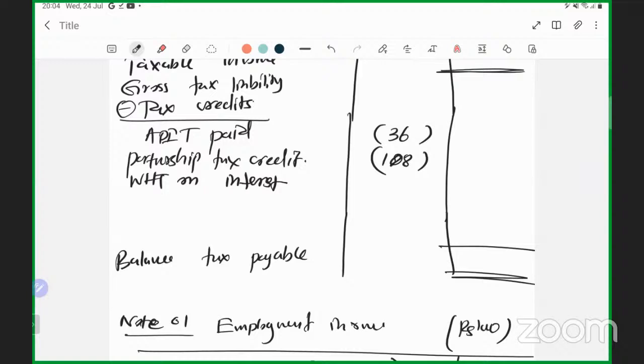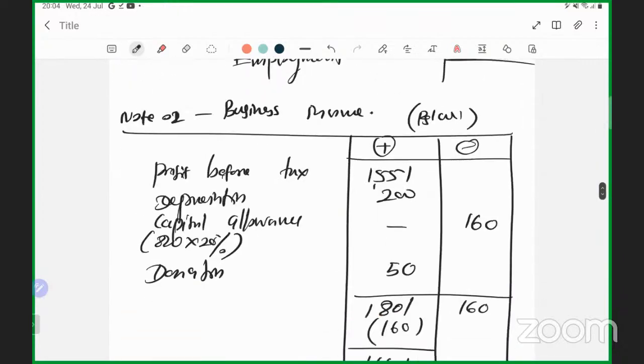So in this case, 360 is the gross value given. You already paid 5% on that 360. 360 into 5% is 18. Once you receive this interest income, the bank already deducts this 18 and pays it to the Inland Revenue Department on your behalf. Therefore, this is a credit you can deduct.